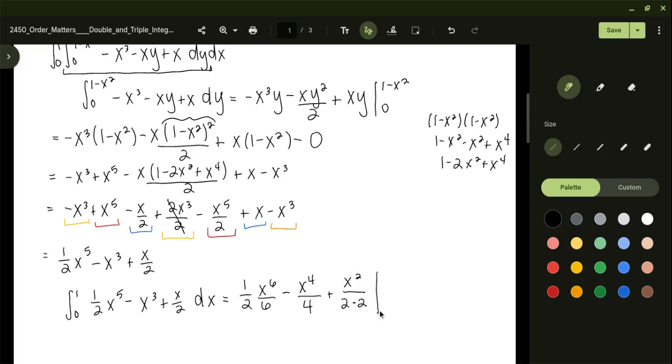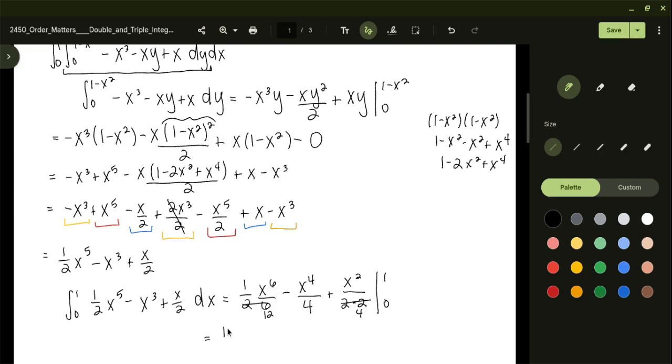And then we're evaluating this from 0 to 1. First, I'm going to do a little simplification though. 2 times 6, multiplying our denominators here, we end up getting 12. And then 2 times 2 here, we end up getting 4. And so evaluating this from 1 to 0, just like we've done all the other times.